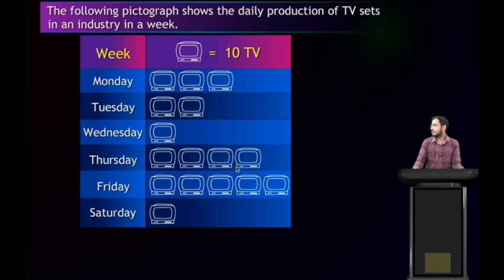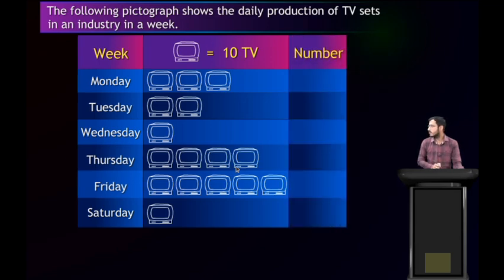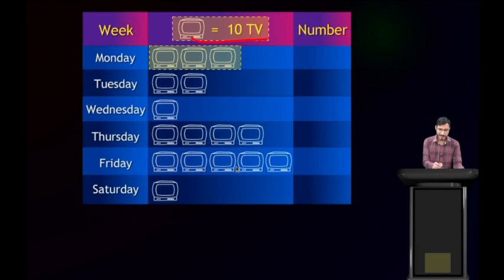Now the following pictograph shows the daily production of TV sets in an industry in a week. Here you can see the days and the number of TVs produced. One picture is equal to 10 TVs.